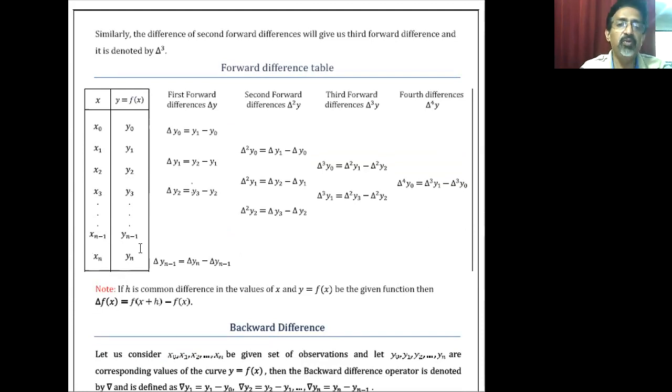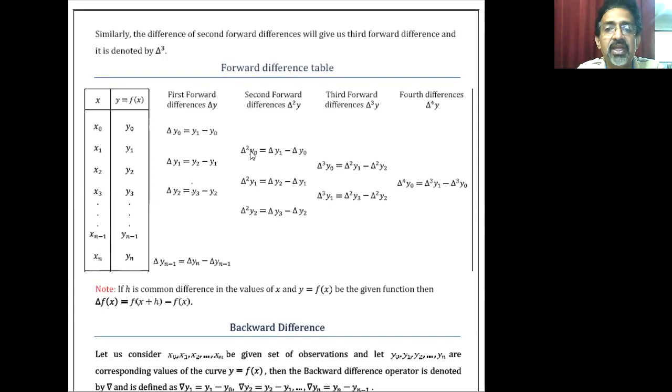Then in between y0 and y1, I write the first order difference of y0, that is del of y0. Then in between y1 and y2, I write del of y1, that is y2 minus y1. So like that, I go up to in between yn minus 1 and yn, I write del of yn minus 1.